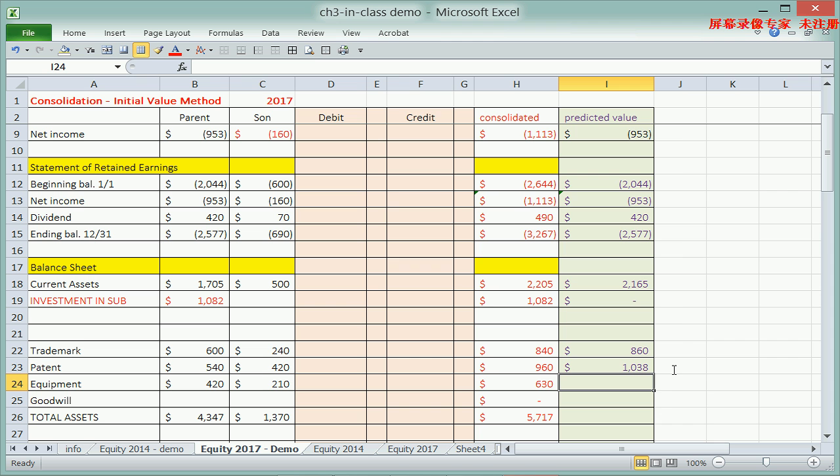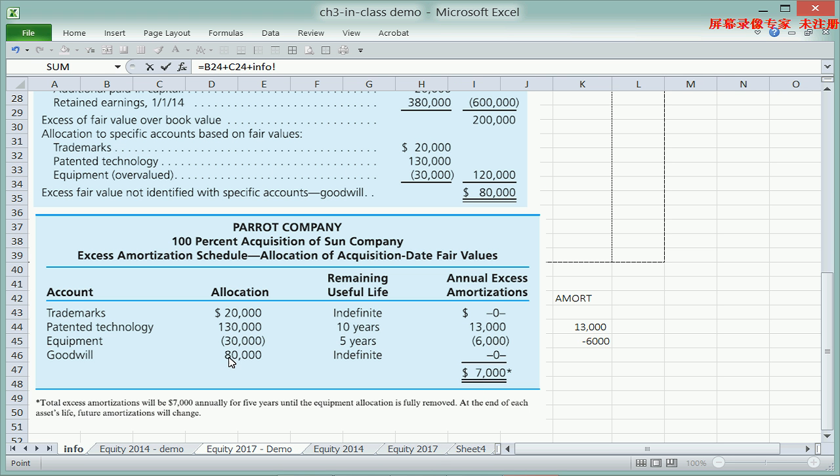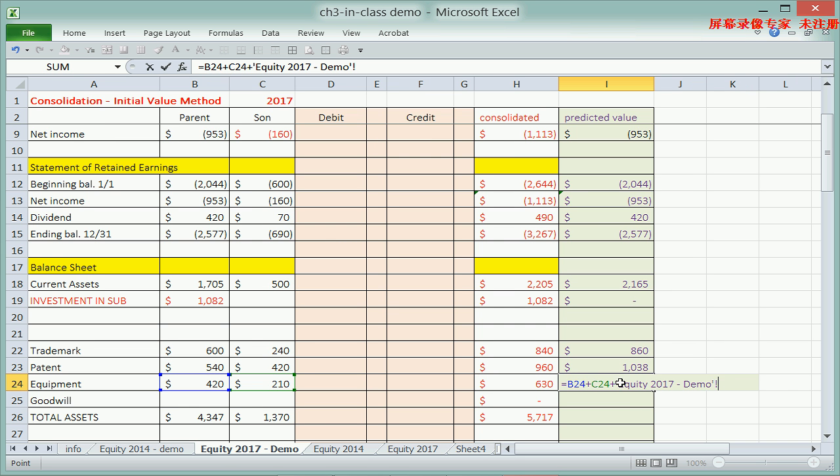Next, the equipment. The equipment has the same idea. We have the parent's number added up with the subsidiary's number, but we need to add the difference of the 30,000, which is basically a negative number. So minus 30.